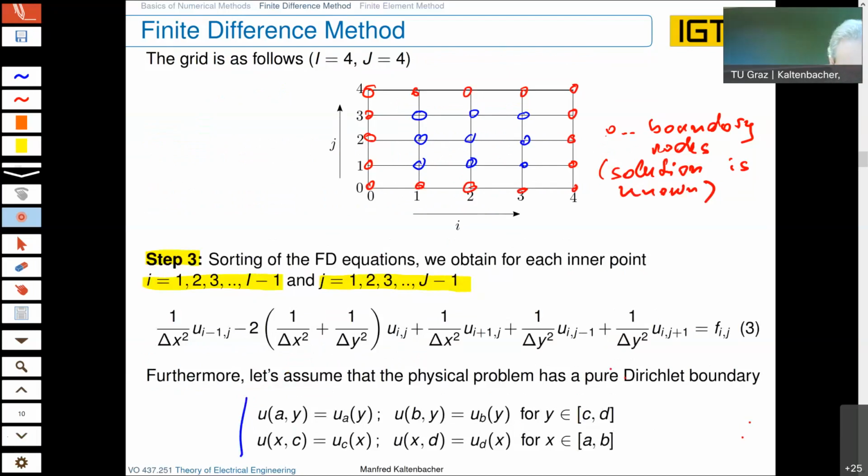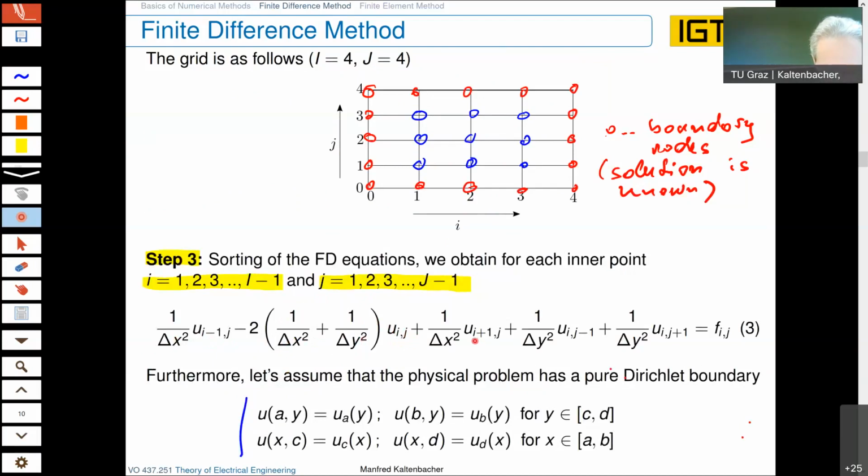Okay, so you see we have a term 1 over delta x squared with u i minus 1, j. We have a term at u i, j. This is a mixing term where we have 1 over delta x squared and 1 over delta y squared.